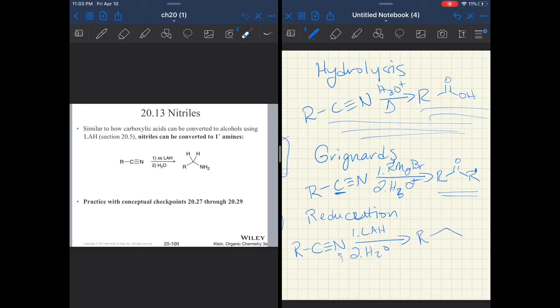It's going to go to an amine instead of an alcohol. This carbon here is the carbon connected to the amine. So always make sure you're counting up your carbons. Essentially the rule is if you're doing a reduction and the functional group has nitrogen, it's going to make an amine. If it doesn't have nitrogen, it'll make an alcohol.